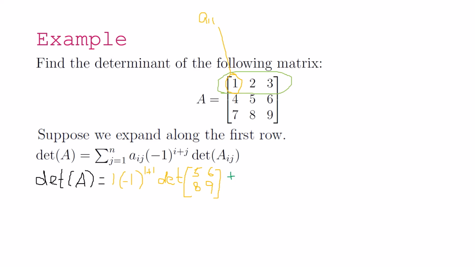So in the next term of the summation, we're going to take A12. So A12 is going to be the entry 2.